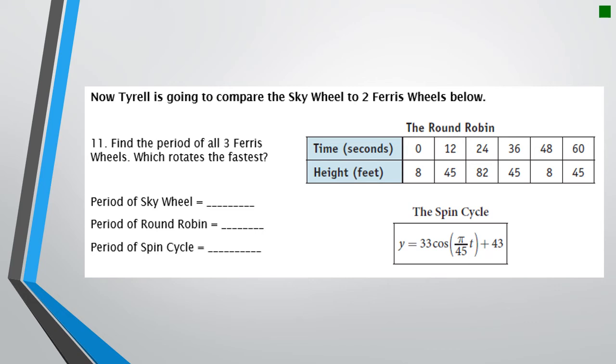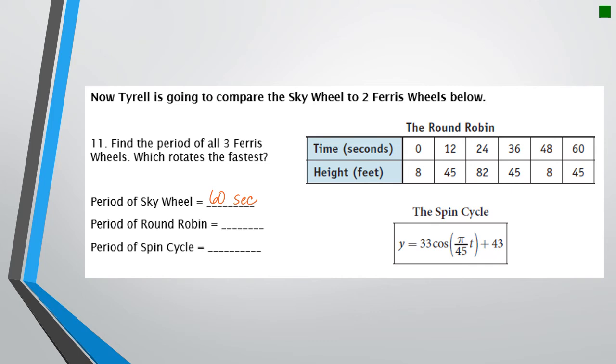If you refer back to the previous slides, we're talking just about period for all of these Ferris wheels. You will see that the period of the sky wheel was 60 seconds, and that's how long it took for one full cycle, one full rotation of that Ferris wheel.